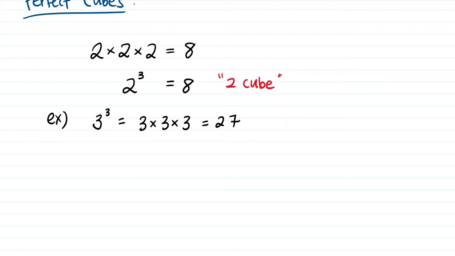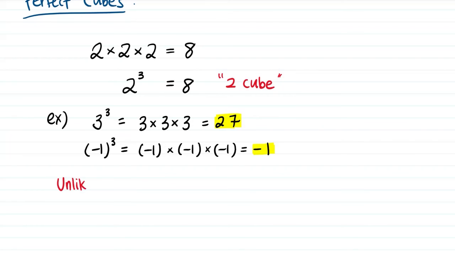We can have -1 as the number that we're multiplying. So when you have -1 cubed, that means you're multiplying -1 times -1 times -1, which is -1. So unlike perfect squares, we can have a negative number as a perfect cube, and we can also have a positive number as a perfect cube.